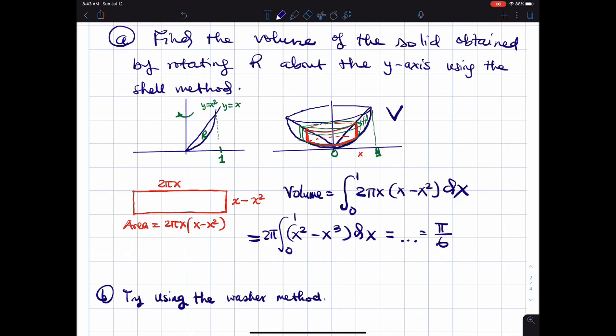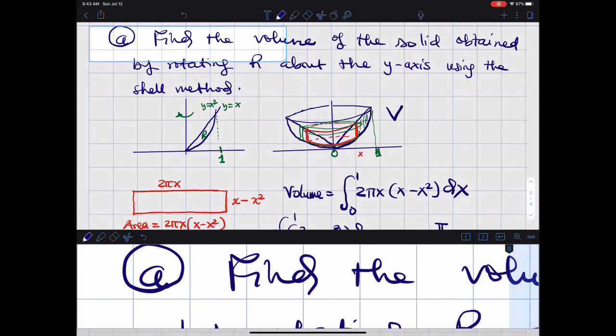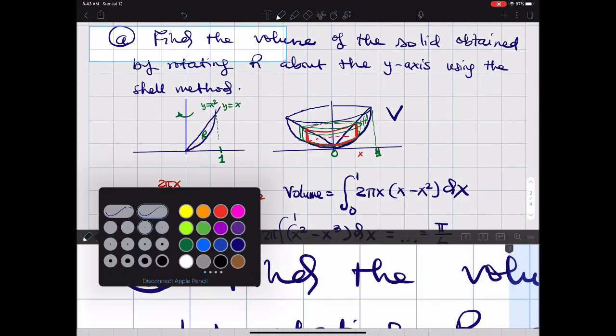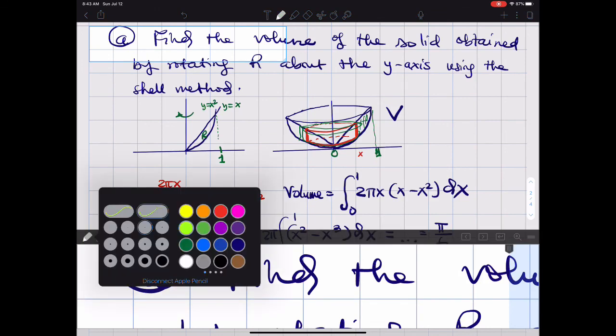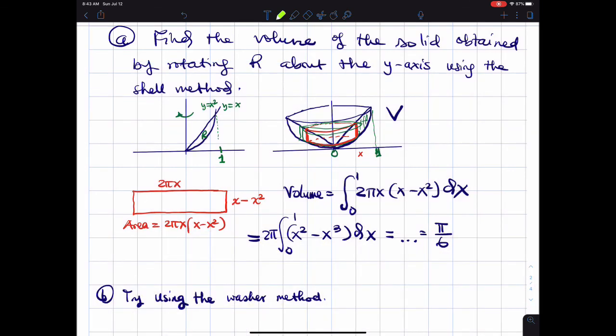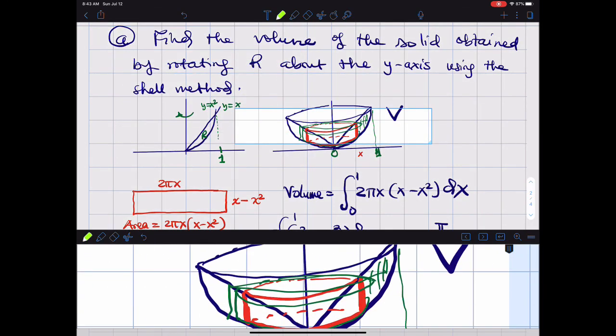Instead of a shell, instead of the red shell, you're going to get a disc. What color should I make my disc? Let's make it a very, very bright green that looks like yellow.